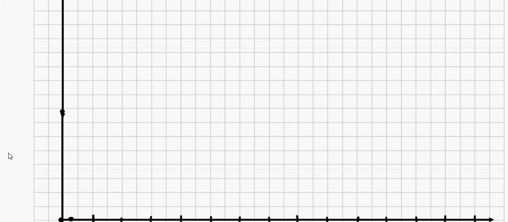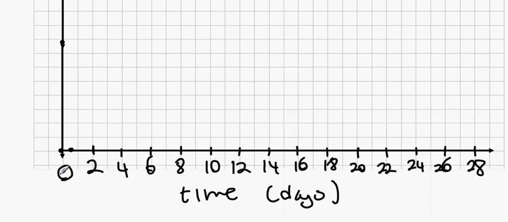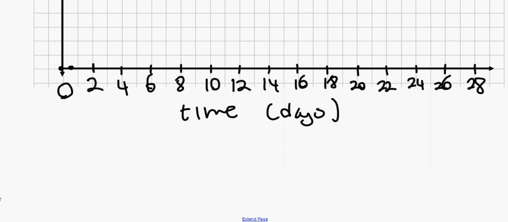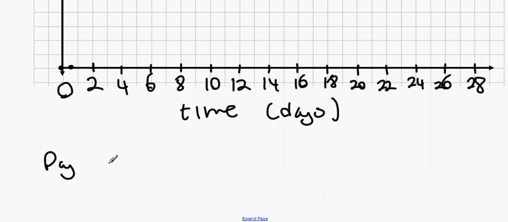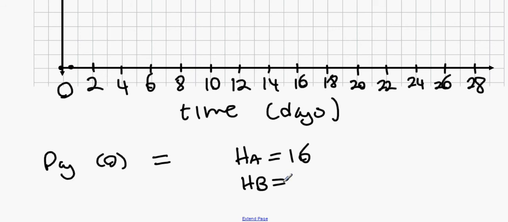So what we do is day 0, the very first day, what height were they? So on day 0, we have to find the heights. Day 0, HA was 16, and HB, the height of plant B, is 24 centimeters high.